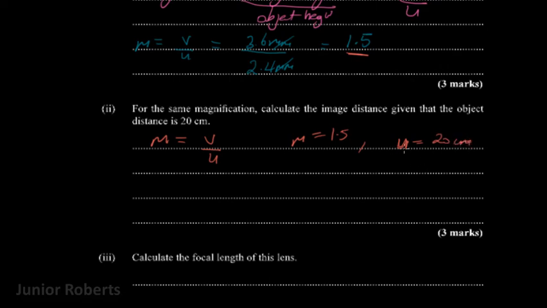When we rearrange this formula, image distance V is equal to the magnification multiplied by the object distance, which is 1.5 multiplied by 20 centimeters. If we plug that into a calculator, we get an answer of 30 centimeters. Now let's move on.